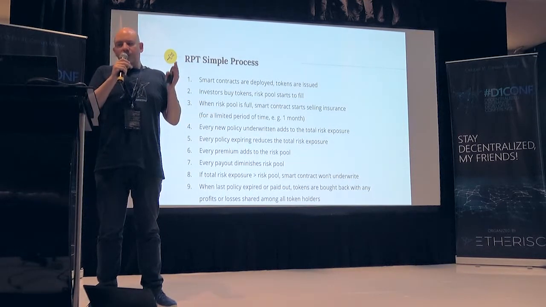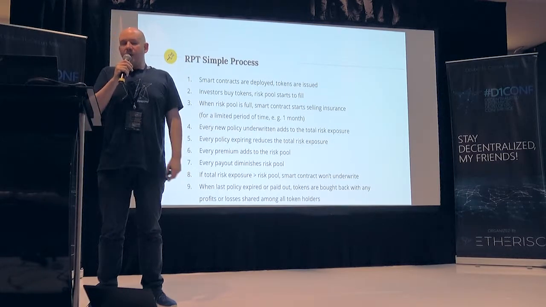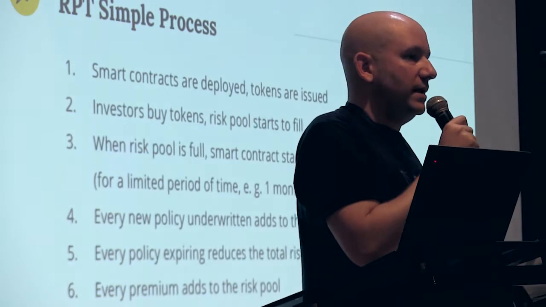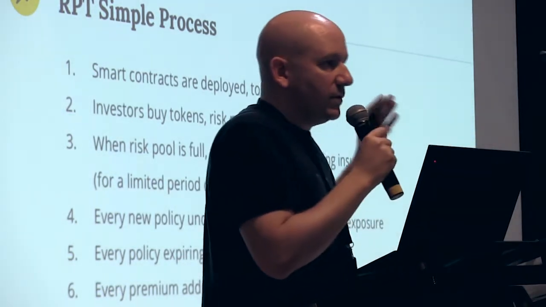In the end, if we do this for a limited period of time, say a month or so, then when the last policy is expired or paid out, a certain amount of money is left in this risk pool, and ideally more money is left than was put in by the investors. Then the contract can pay out to the investors, and ideally the investors make a nice gain. So that's the very basic idea.